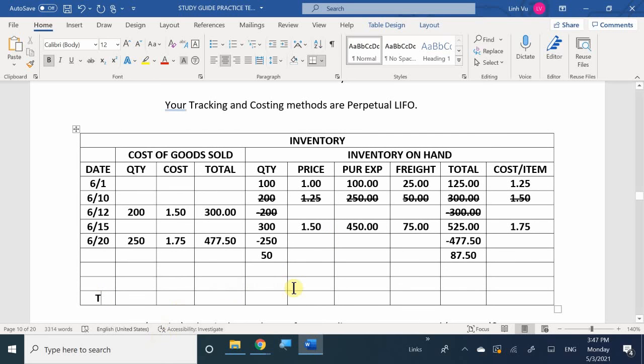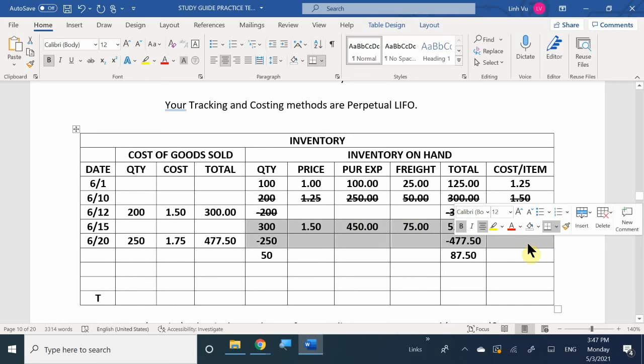For the 250 times 175, is that 477.50 or 437.50? I don't know. What do you guys tell me? I got 250 times 1.75 is 437.50. Okay, anybody else? $437.50.